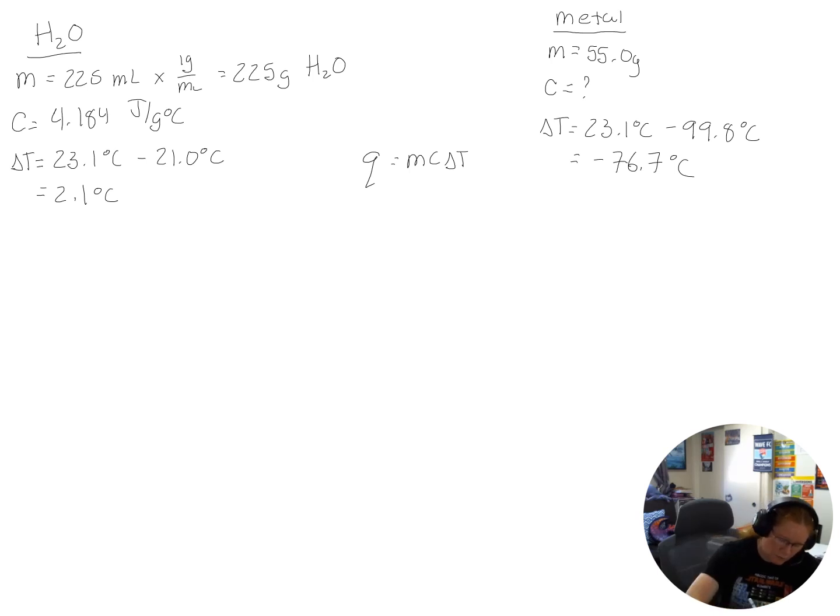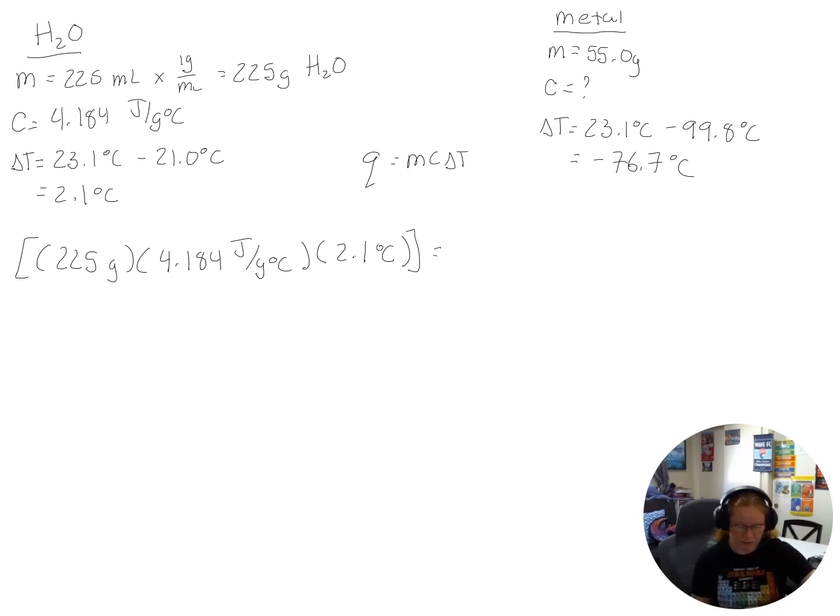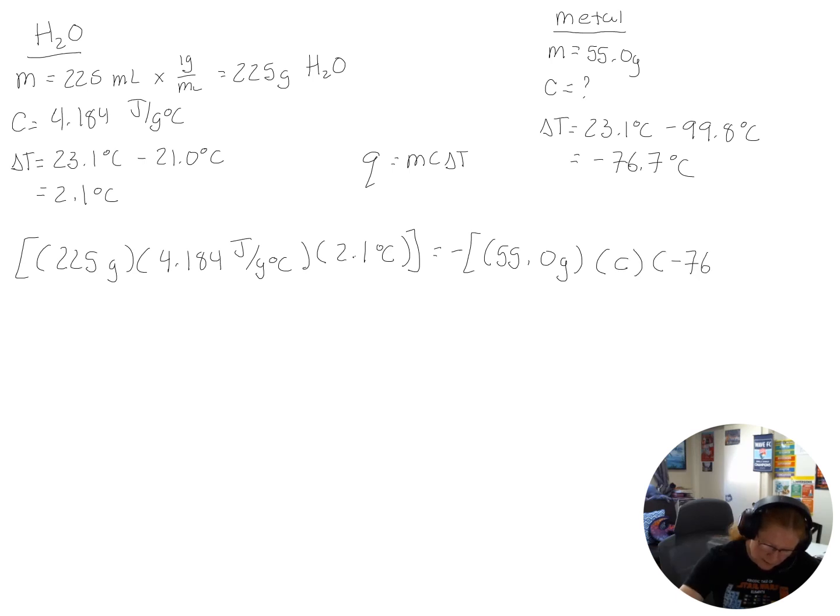Okay, so for my water, I have 225 grams times my 4.184 joules per gram degrees Celsius times my 2.1 degrees Celsius equal to negative 55 grams, unknown heat capacity, negative 76.7 degrees Celsius.